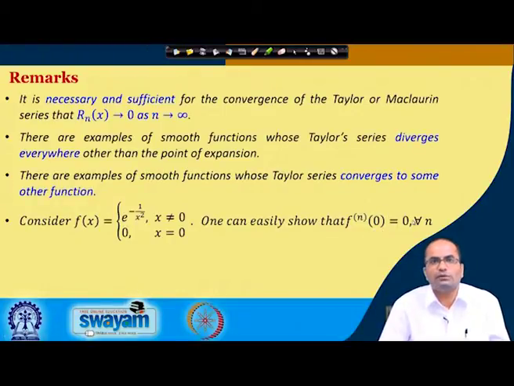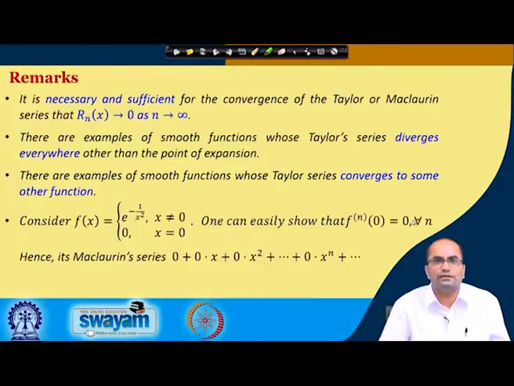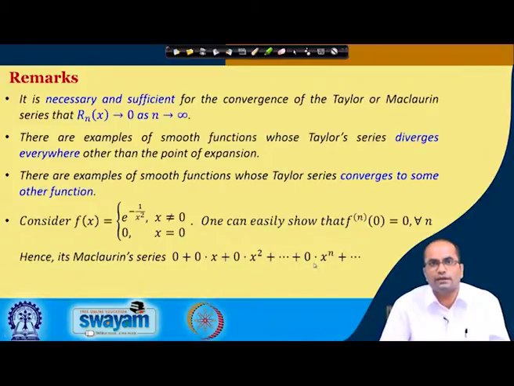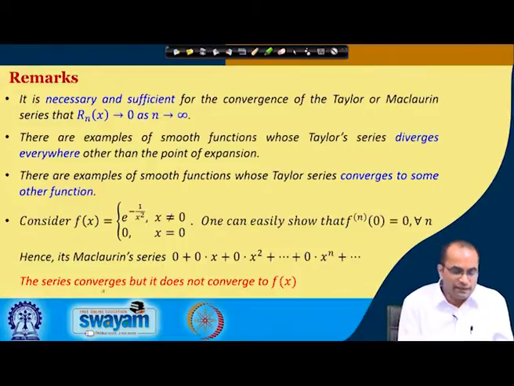all the derivatives of any order of this function at 0 will be 0. Then if we write the Taylor series, or rather the Maclaurin series, around x equal to 0, because all the derivatives are 0, we will get 0 plus 0 into x, 0 into x square and so on. Whatever x we keep, the Maclaurin series is giving 0.